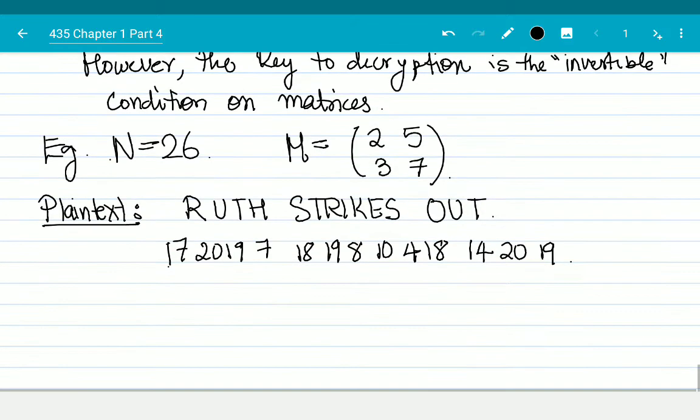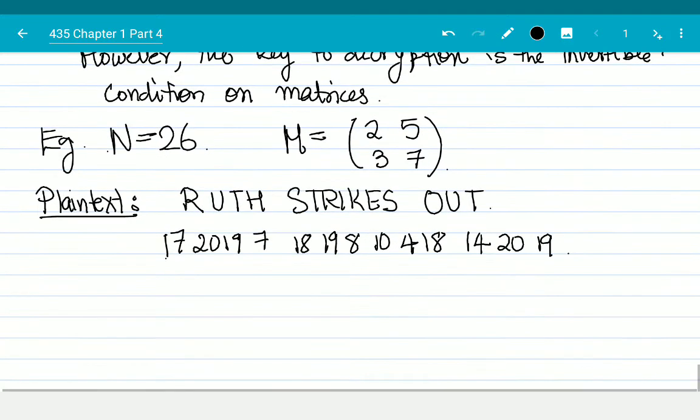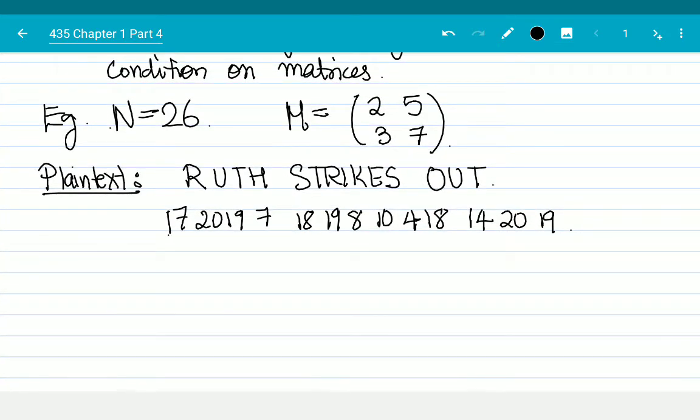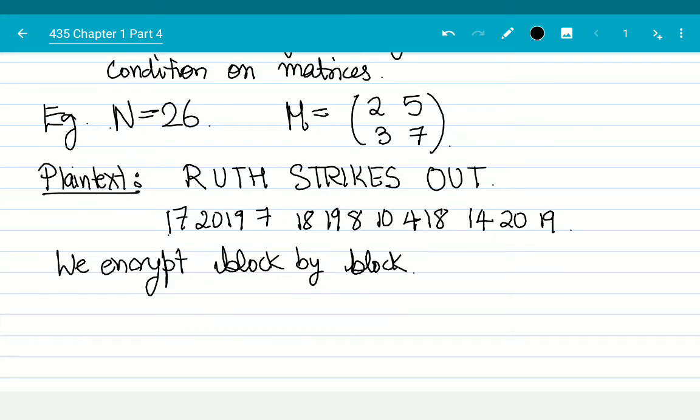And so this is another block cipher like the Vigenere cipher. We encrypt block by block, modulo 26.